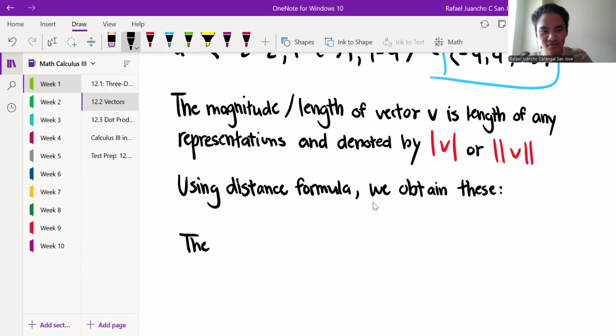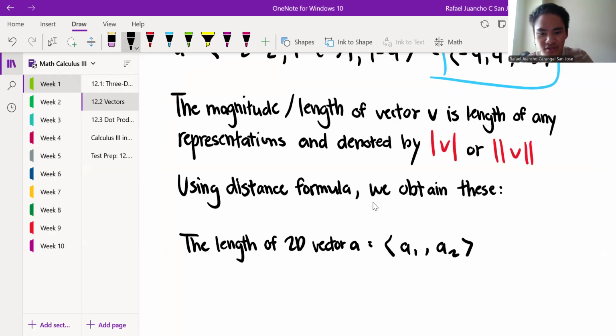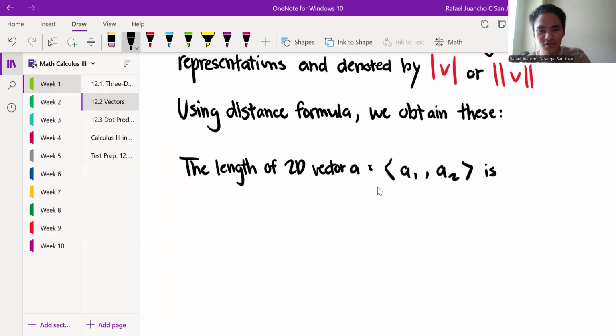So the length of a two-dimensional vector A, A is just a name, which has A1, A2, so we know this is in 2D, is, so now we use this symbol from the earlier one, and we have A1 squared plus A2 squared.